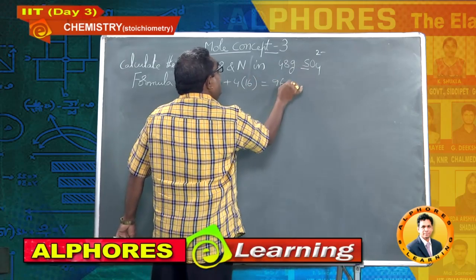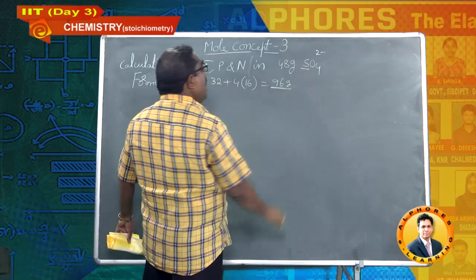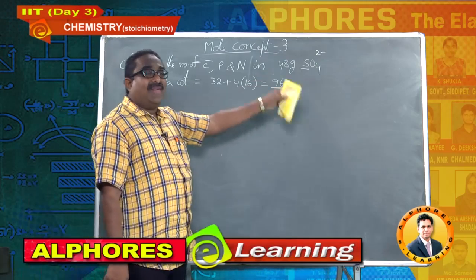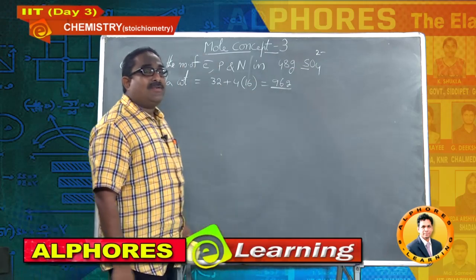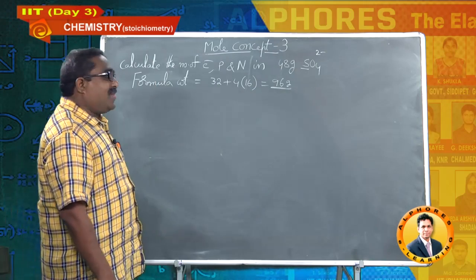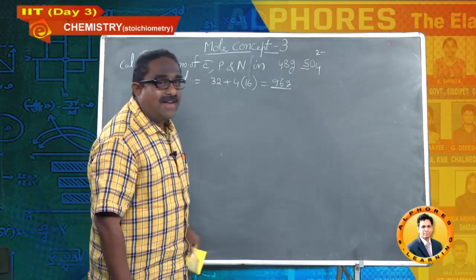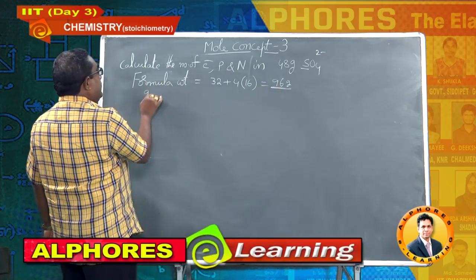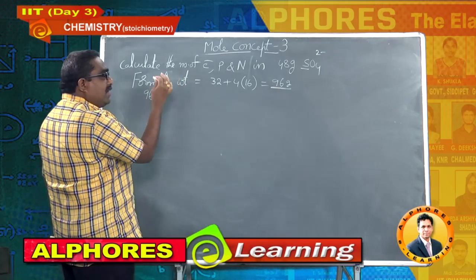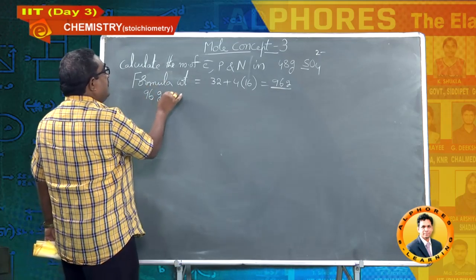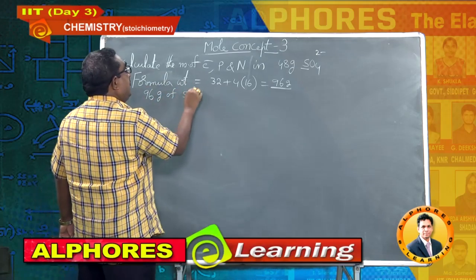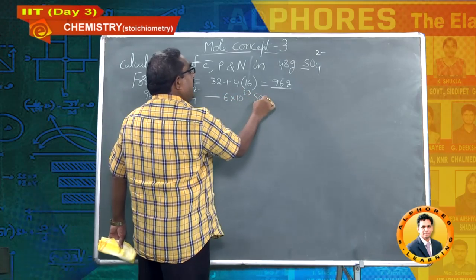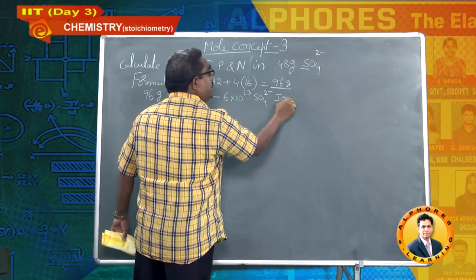This is 96 grams, the molar mass, or simply you can also call it the formula mass of sulfate because it is an ion. Better to call that formula weight rather than molecular weight or molecular mass. So I can write based on the GMW or formula weight definition, 96 grams of sulfate sample will definitely contain 6 into 10 power 23 sulfate ions.